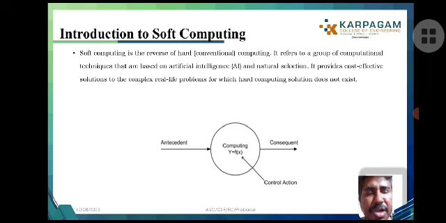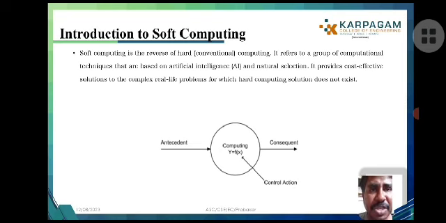The processing unit processes the information received from the user, and based on that it provides the output. So input, processing and output, the same concept we utilize in soft computing. In soft computing, we apply the same logic along with some mathematical concepts, and then we get the processing results.